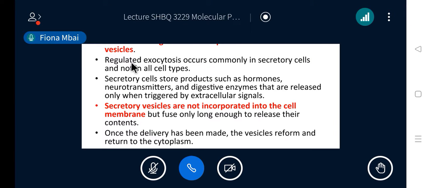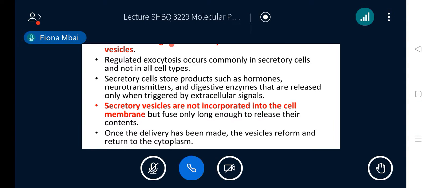Then pathway number three is regulated exocytosis. This is special because it relies on the presence of extracellular signals. These are signals that are outside the cell. And when these signals bind the cell, you get expulsion of materials within the vesicles. This is really special because things like insulin are made and stored inside the cell.